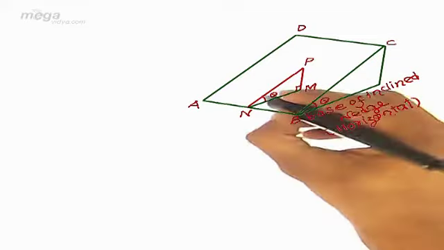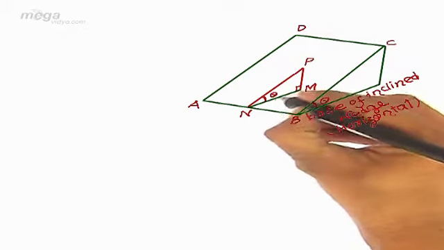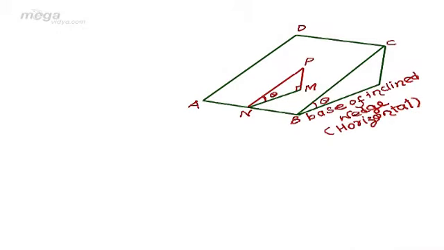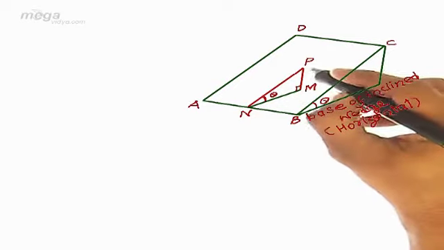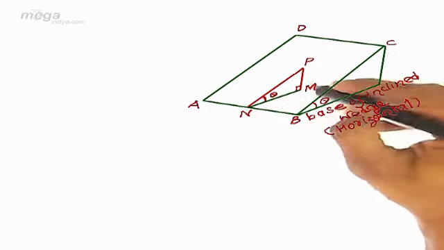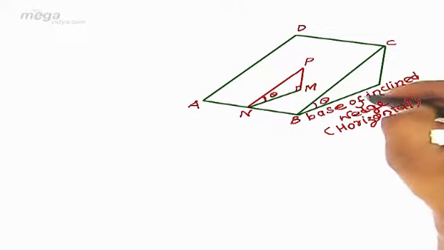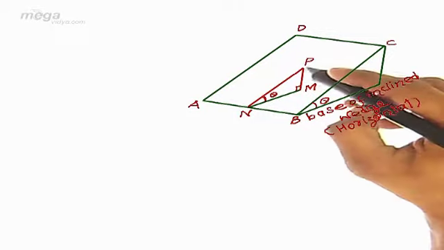So this is the angle of inclination, which I have shown as theta. This line PM is perpendicular to the base, or we can say it is vertical.